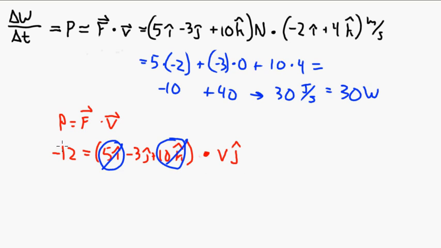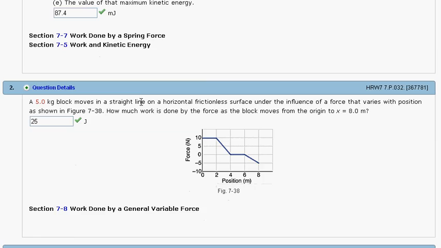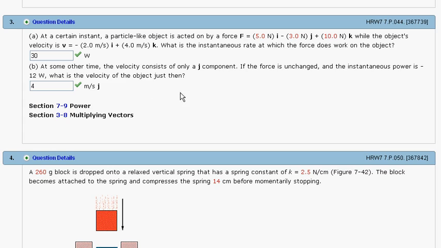So this becomes very simple: negative 12 equals negative 3 times v. And so v equals 4, and it's going to be meters per second, of course, in the j-hat direction. Let us see if that works out. Yes, it does. Okay, so that's how you do problems.